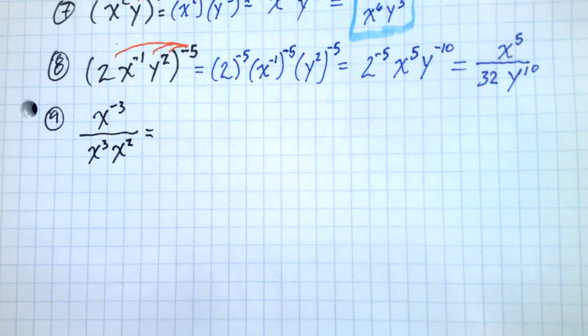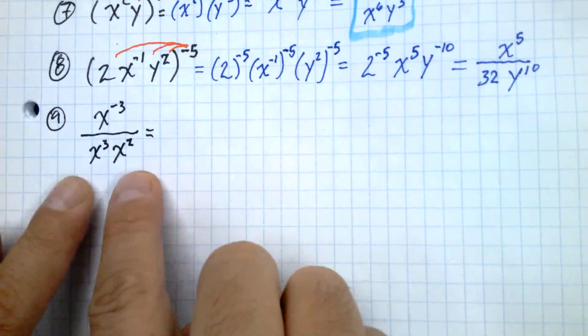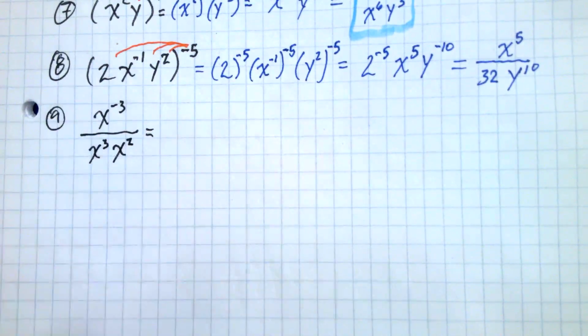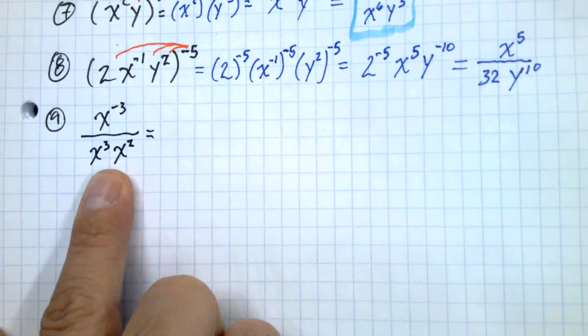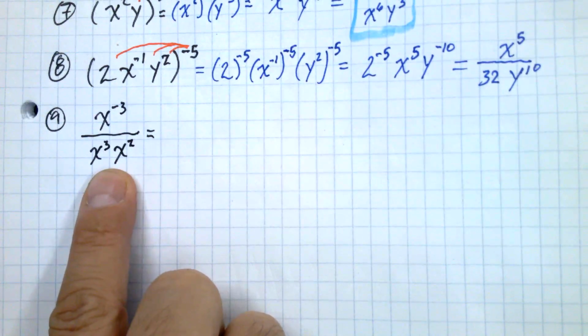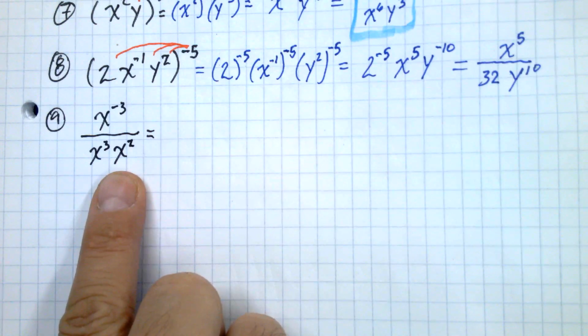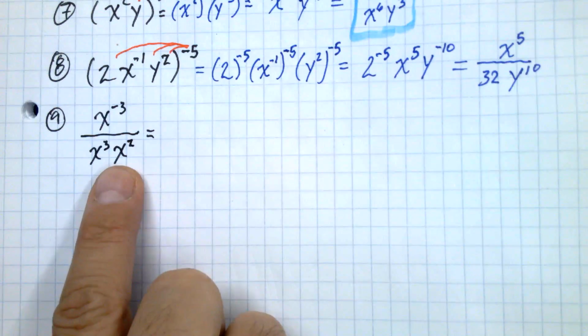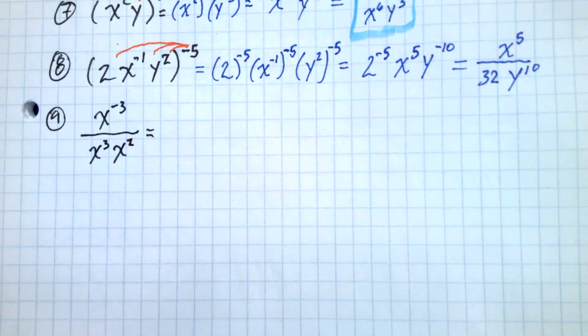So whenever we have these, it's kind of like when we were simplifying before with fractions. If you had multiple operations within the numerator or denominator, take care of those first. So I'm concentrating on the bottom. What can I do with x cubed times x squared? Combine, add them, right? I'm multiplying, so it becomes x to the 5.